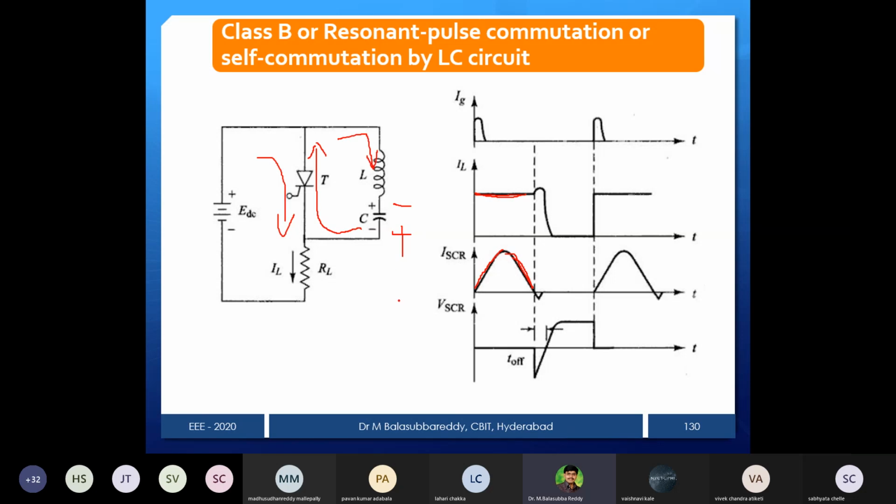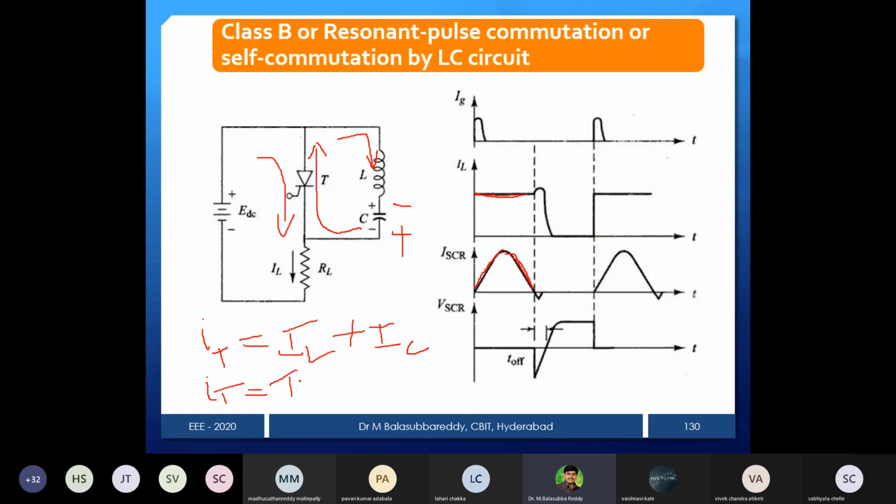Now what is the thyristor current? Earlier the thyristor current, let it be IT, is equal to one load current plus IC, the capacitor or commutating current. After some instant, the capacitor is completely discharged and polarities will reverse. Then what is the thyristor current?